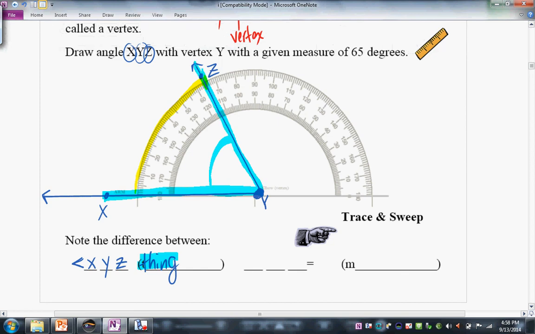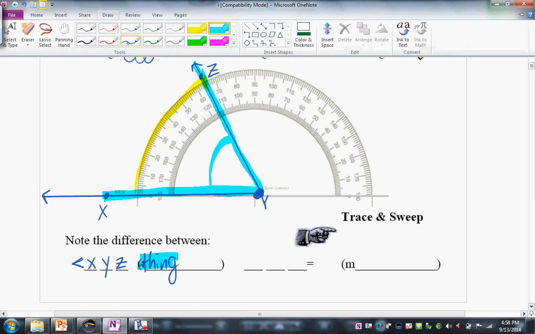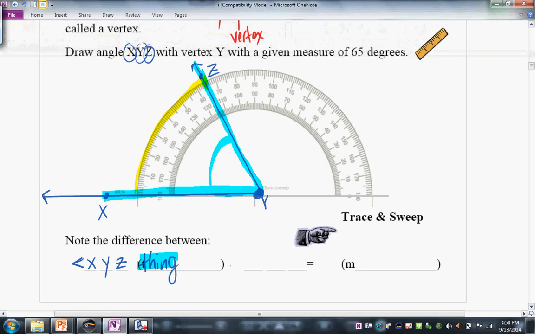Versus if I do this, it's very subtle, be very careful. I write measure of the angle XYZ. That little M there means measure of the angle. If you see that little M there, that means I don't want the actual angle, I want its degrees.